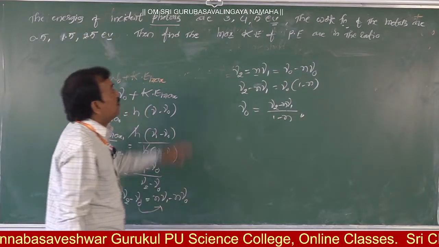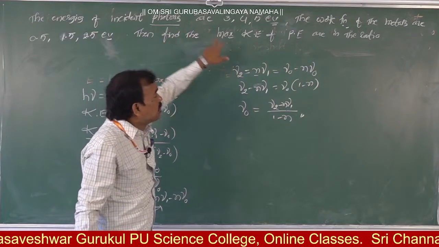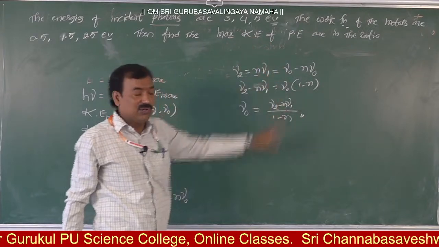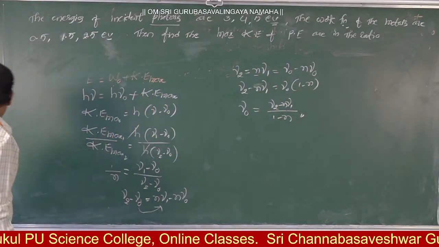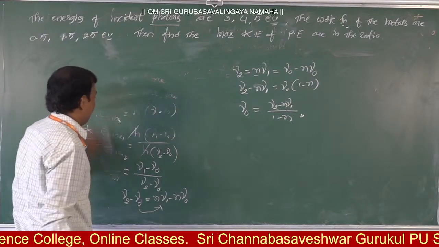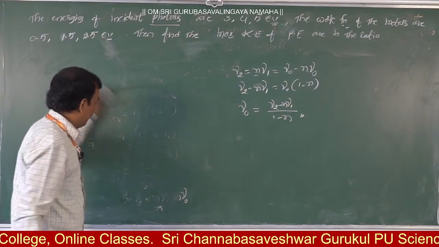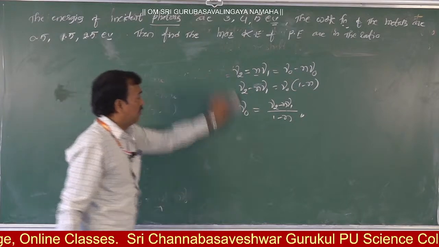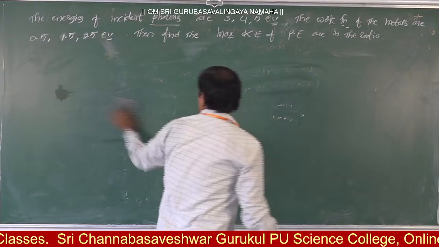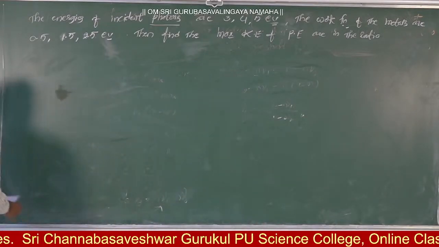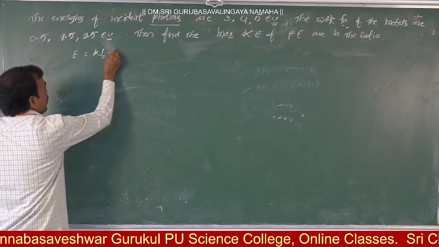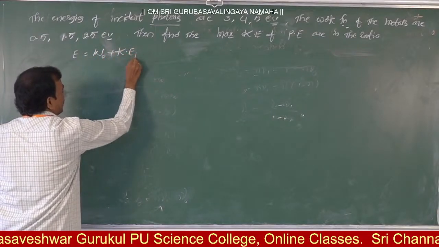Find the maximum kinetic energy of the photoelectrons in the ratio. So what energy equation here? Same as the previous equation: energy E is equal to W0 plus KEmax.